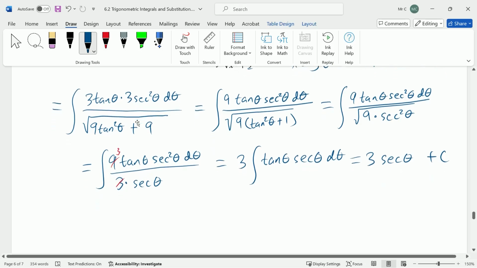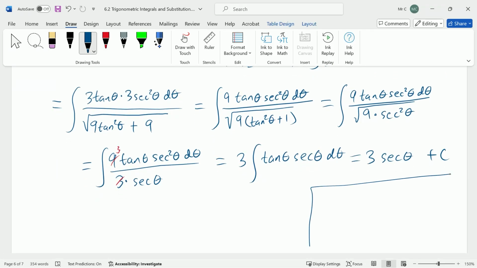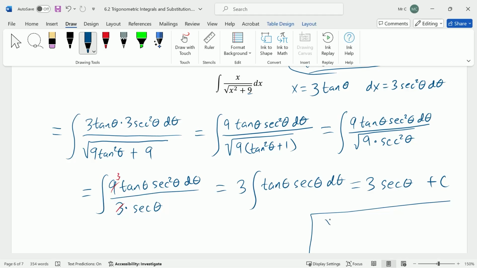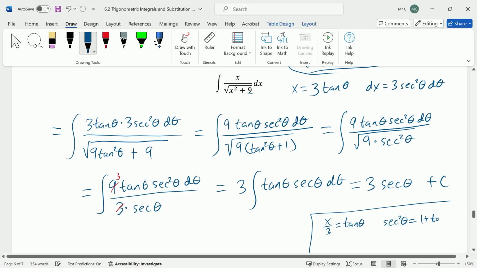Now, I'll show an alternative way. I've shown setting up the triangle a couple times here. Sometimes the functions work out in a really nice way to where you can actually use those Pythagorean identities to identify your substitution back in. So I know that x over 3 is tangent of theta. And I also know that secant squared of theta is 1 plus tangent squared of theta.